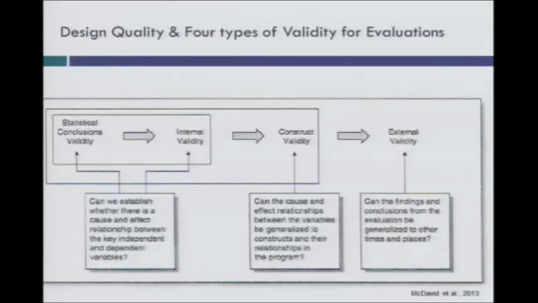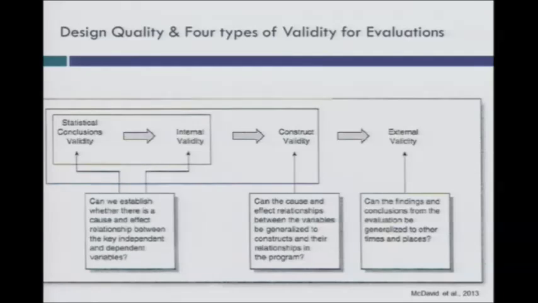So it's important for us to think about validity of our designs. There's internal validity, which assesses the extent to which we can confidently attribute the cause of the observations in our outcome evaluation to the program. So within the program, we're thinking about internal validity here.